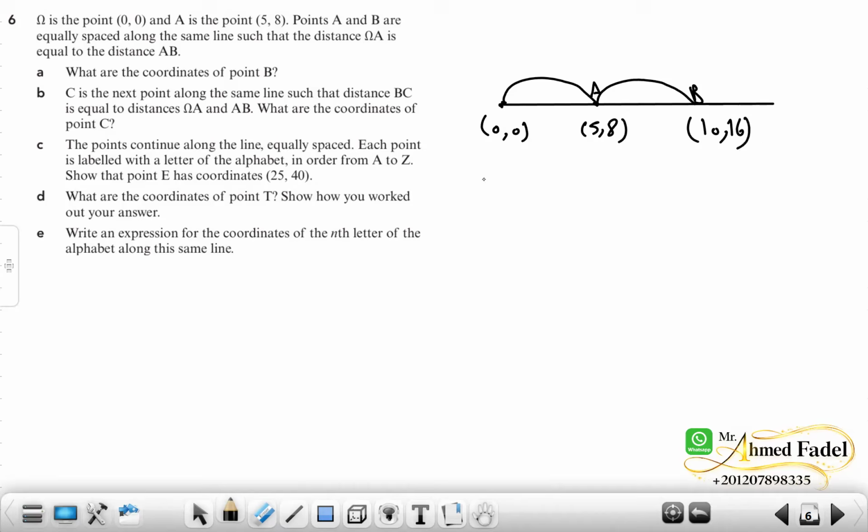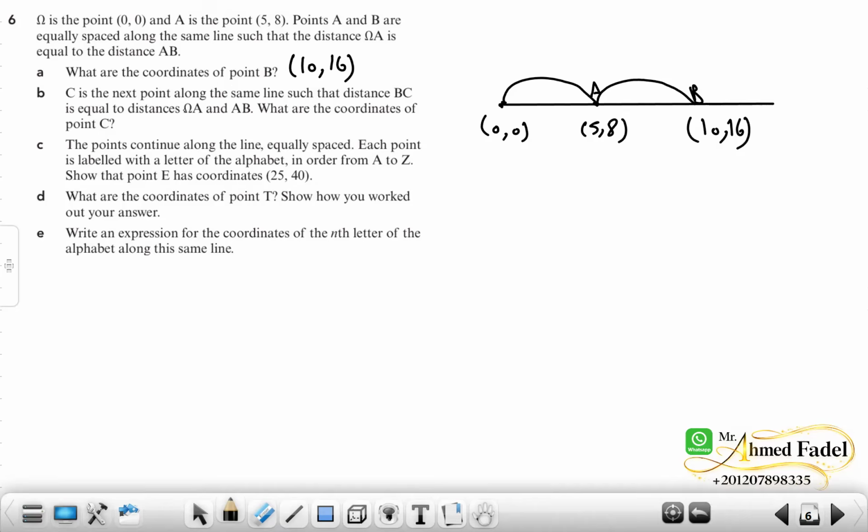It's going to be over here 10, 16. So that's B. What are the coordinates of B? 10, 16, mister. I added a 5 to the X, then add another 5 to the X. I added here an 8 to the Y, then add another 8 to the Y because they are equally spaced. So it is 10, 16.